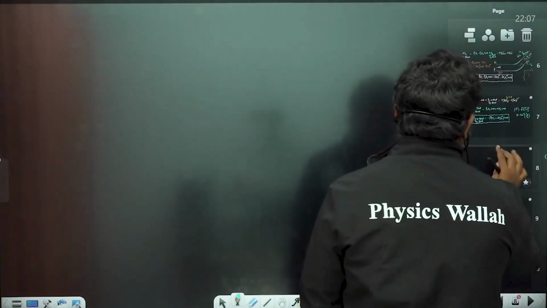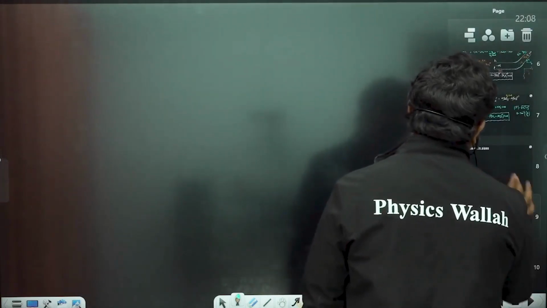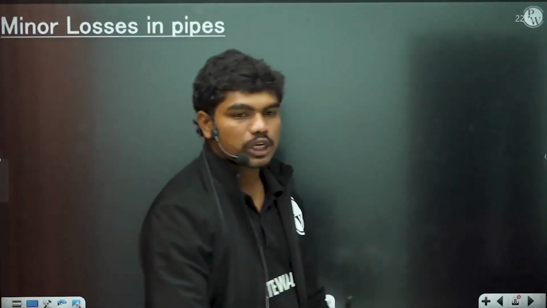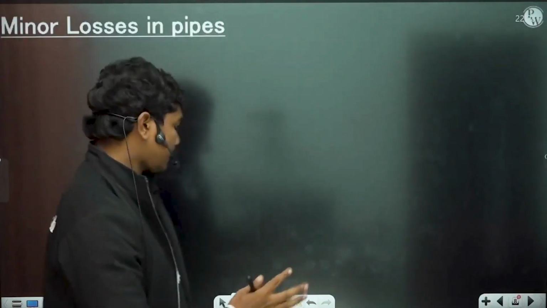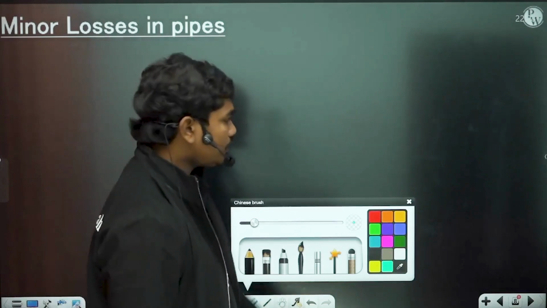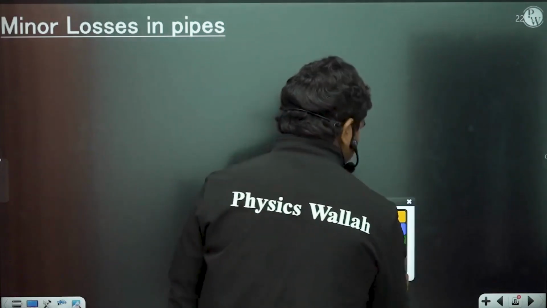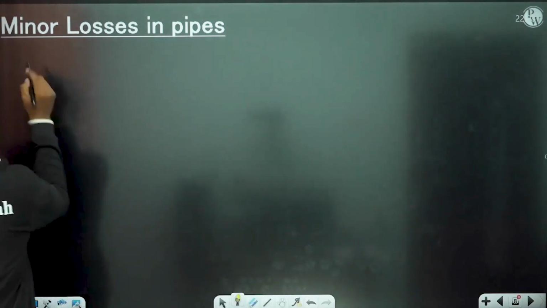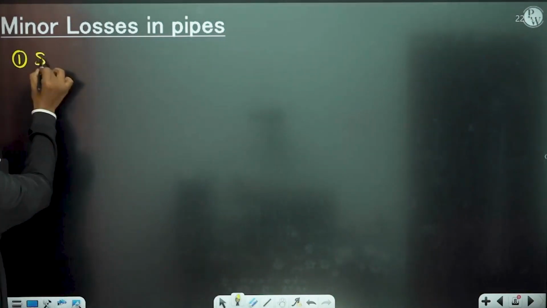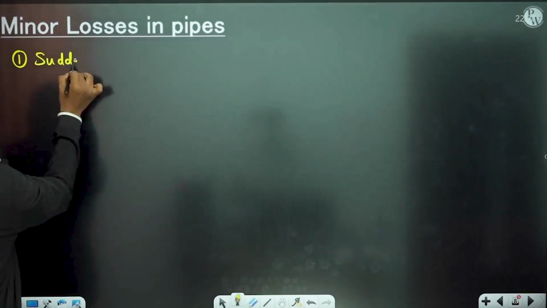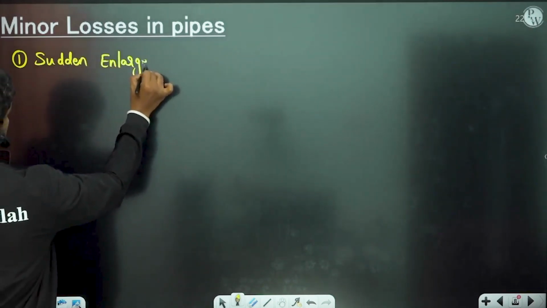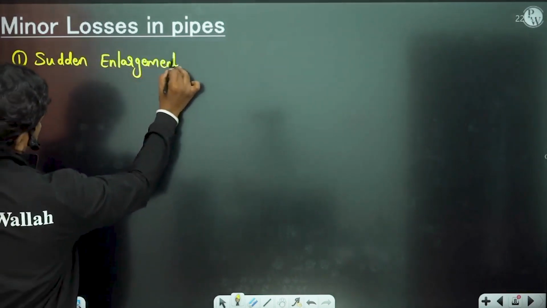Now let us see the case of minor losses. So let us see minor losses in pipes. Let us try to understand what these minor losses in pipes are. Whenever there is some enlargement in the pipe, let us straight away start with the first one: sudden enlargement in pipes.